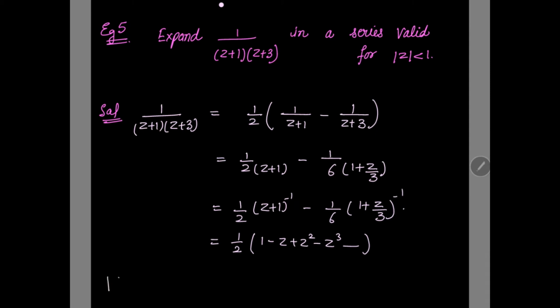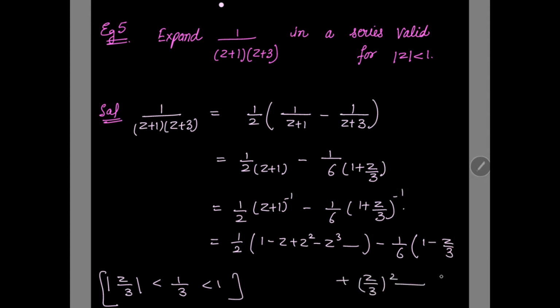Let's check |z/3|. |z| < 1 is given, so this is less than 1/3, and 1/3 itself is less than 1. So now I can expand the other series, because |z/3| comes out to be less than 1. So this is 1 − z/3 + (z/3)² and so on.